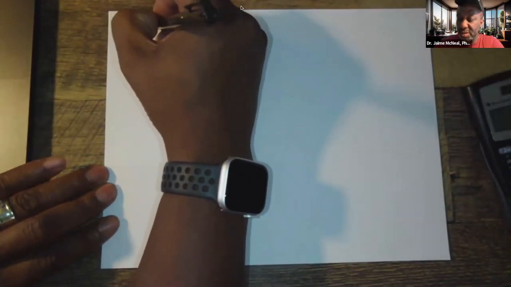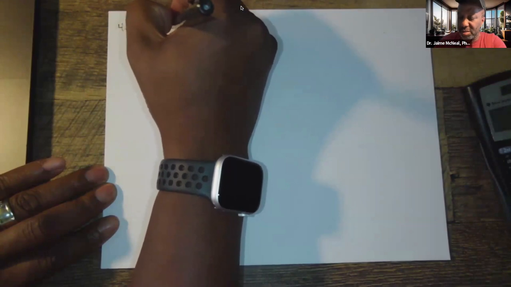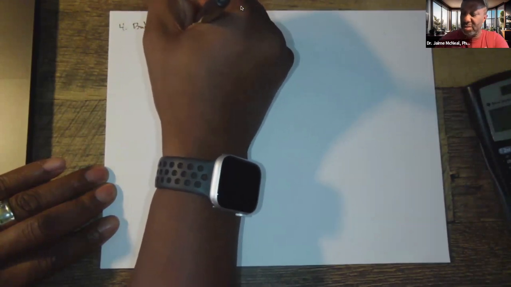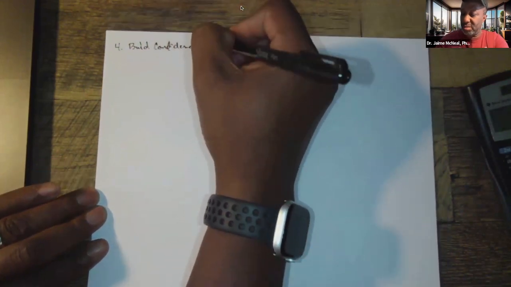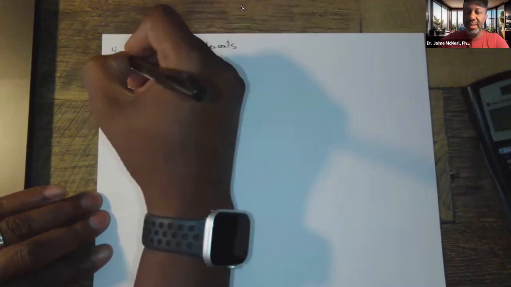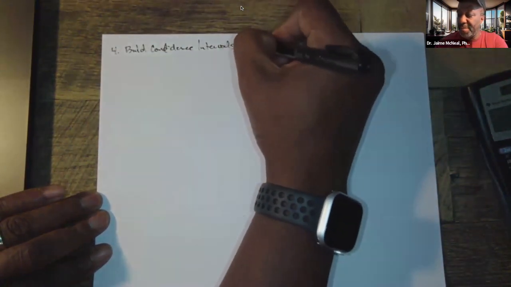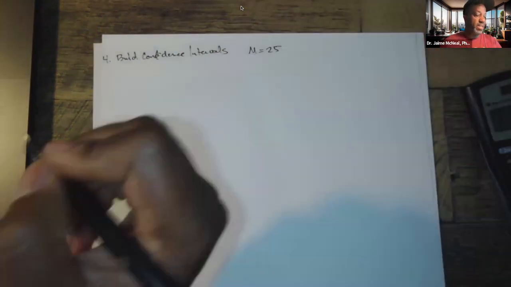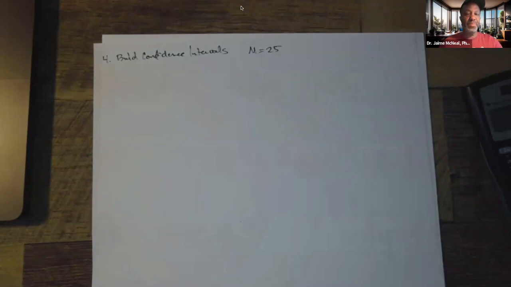So we're looking at problem 4, which is build confidence intervals. Okay, let's start with the mean is always 25 for each of the problems, right?